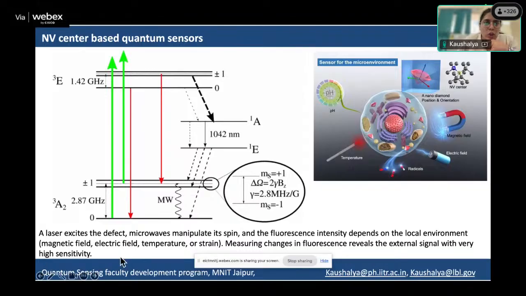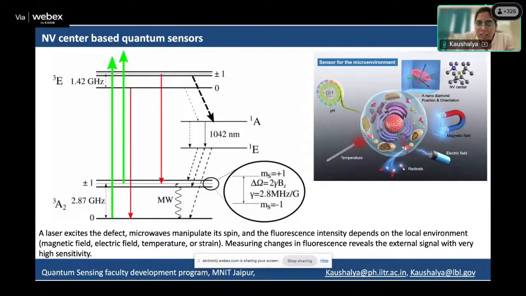And then you can excite this NV center with lasers or microwaves. The 0 and 1 here are just the energy levels, so from the ground state you can excite. Due to its interesting structure, and as you know, nitrogen is a pentavalent dopant, so it carries an extra electron with it.